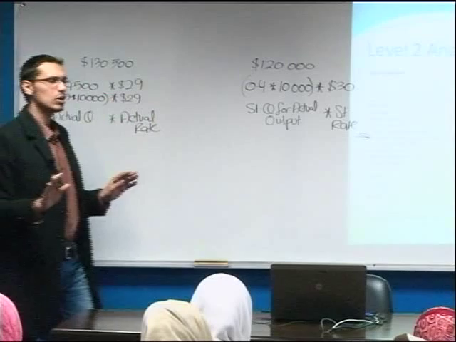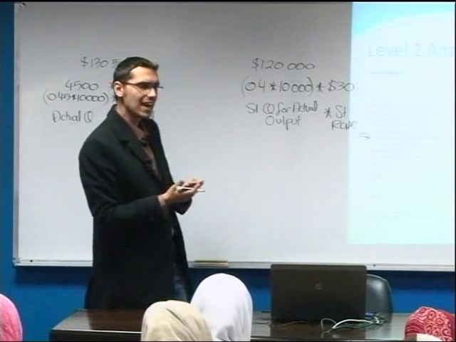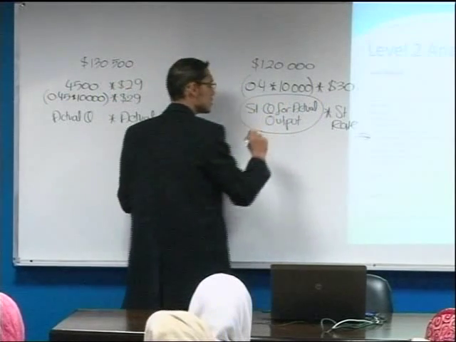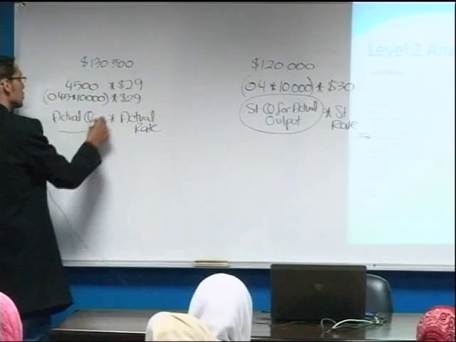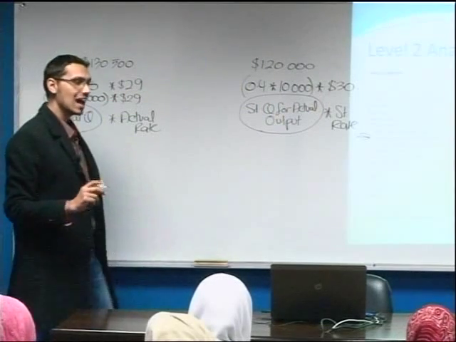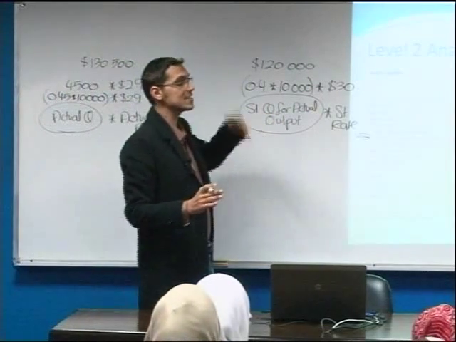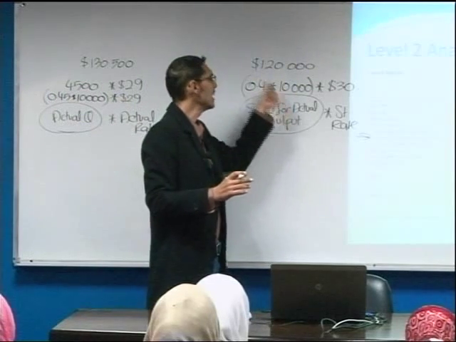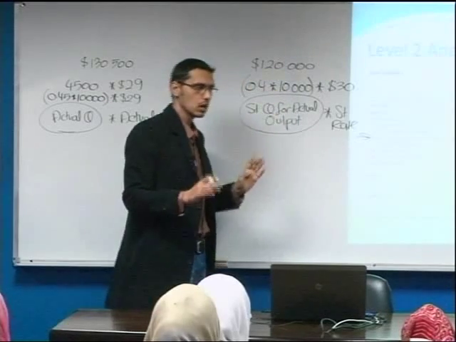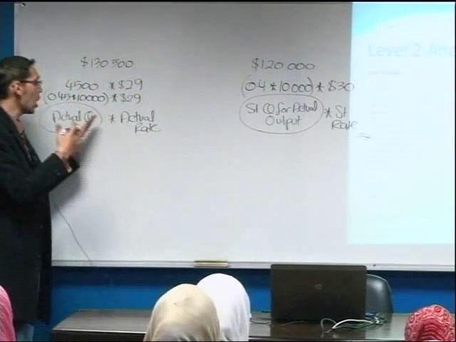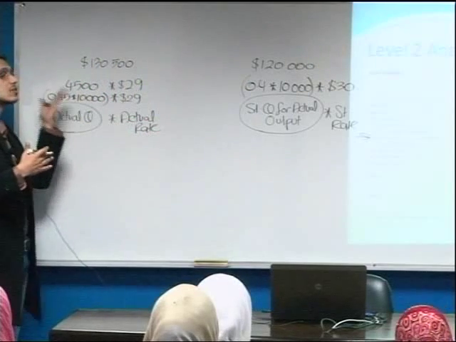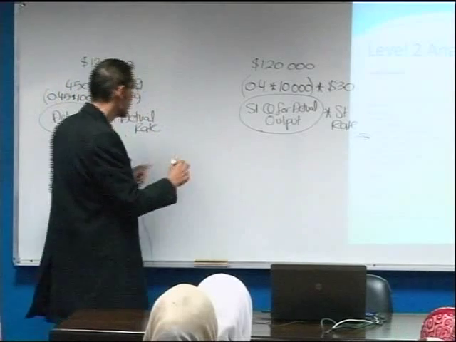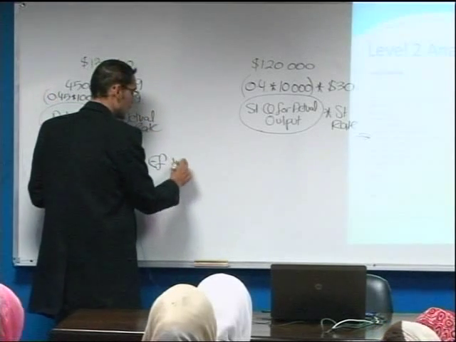We started our analysis of this variance by considering an efficiency variance, which is the difference between this amount and this amount. According to our standard, we should have used only 4,000 machine hours, but according to our actual result, we used 4,500 machine hours. Therefore, this is the first variance, an efficiency variance.